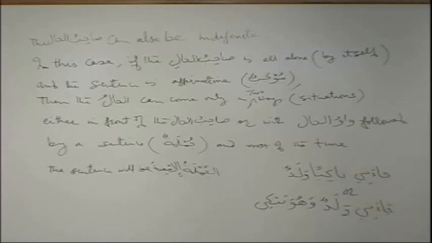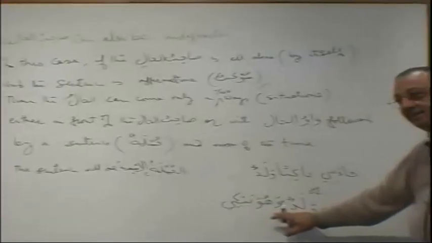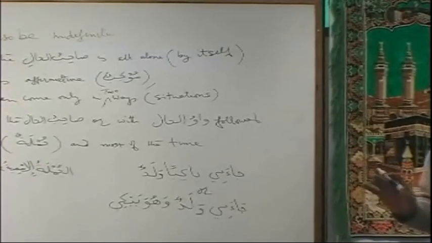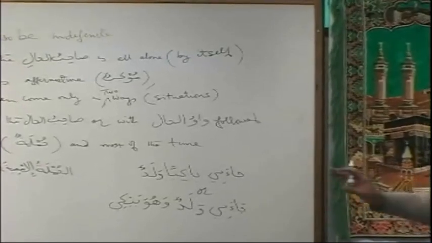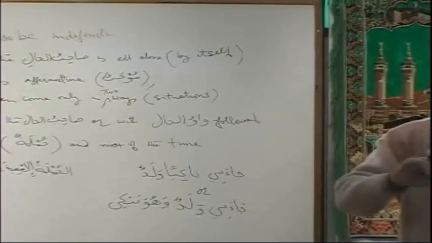Ja'ani waladun wa huwa yabki. Ja'ani waladun, a boy came to me, wa huwa yabki. Then what is wa, waw al-hal? Okay, and jumla ismiya. That is the gist of it. Are you with me? Now, if the waladun has a sifat, then the hal will come after that.